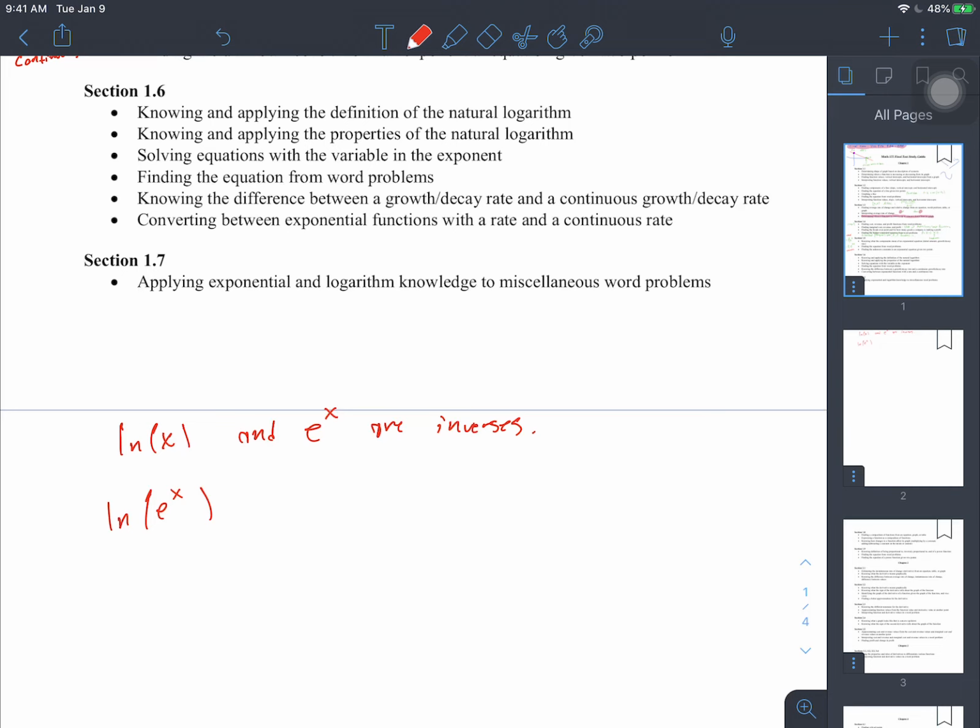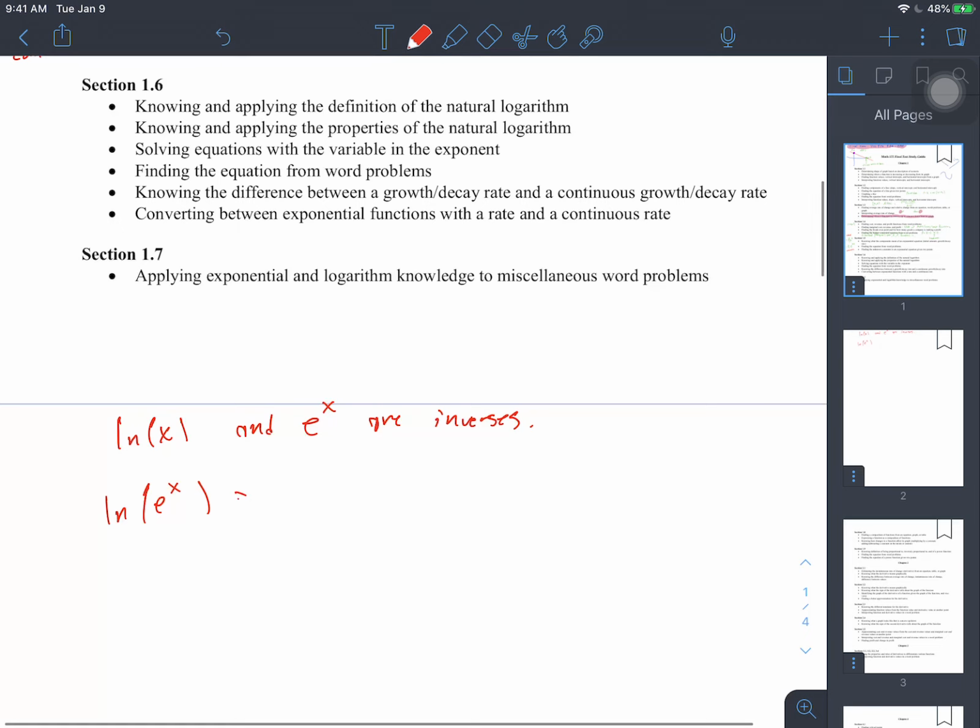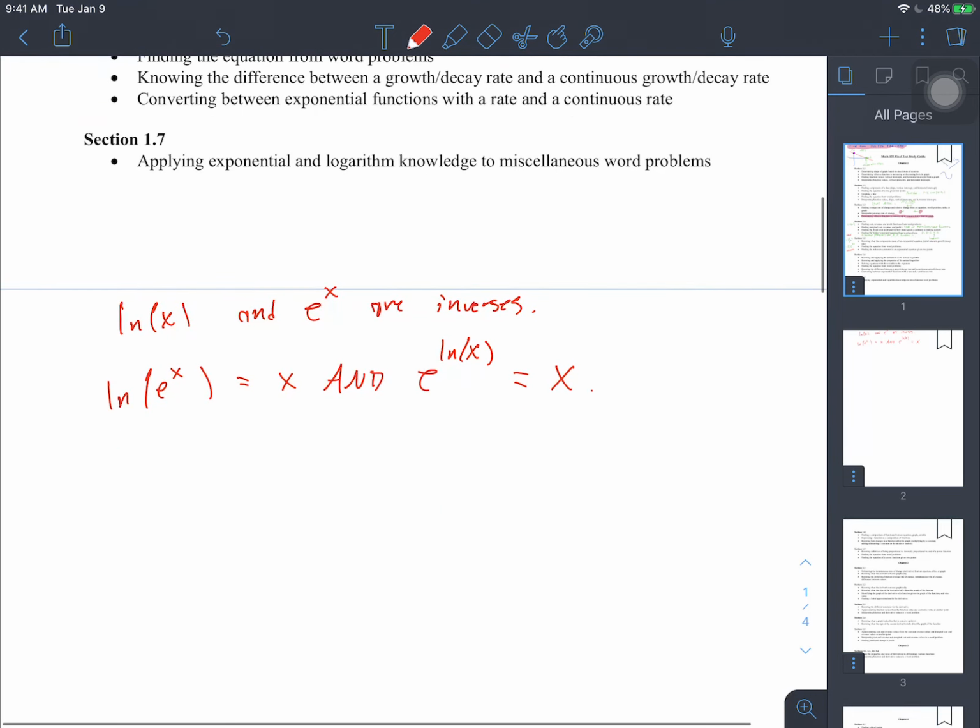We gave e to the x an x, and e to the x spat out e to the x, and now we undo that action, so what we get back is just x. Same thing in the other direction, e to the ln of x is just equal to x. For example, natural log of e to the 32 is equal to 32, and so is e to the ln of 32.